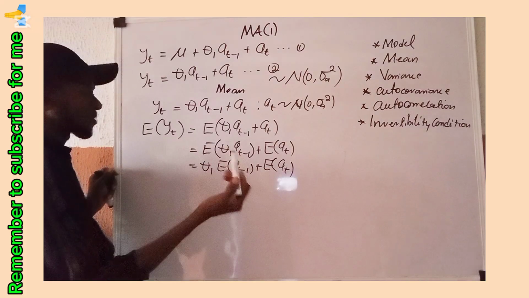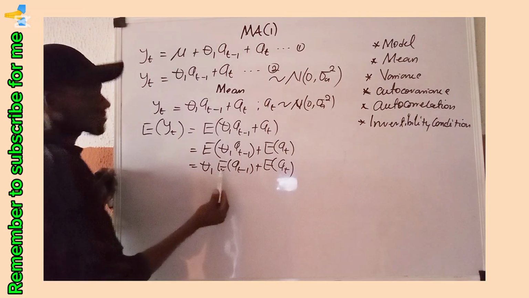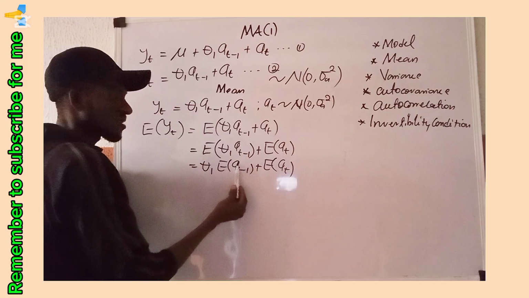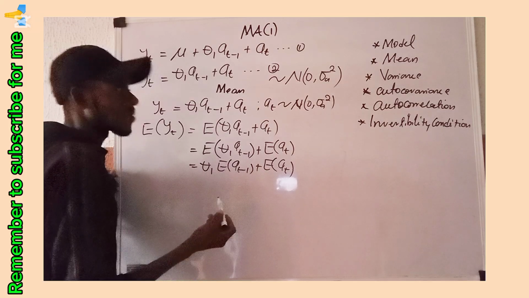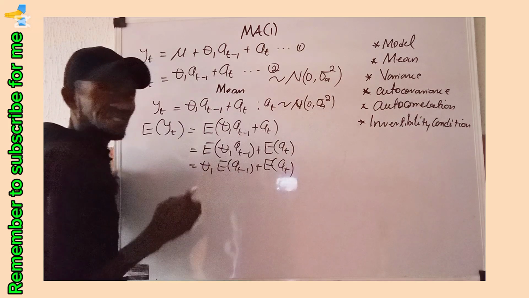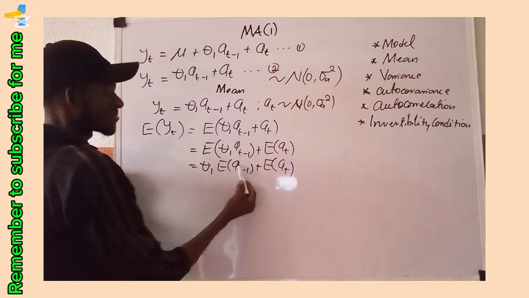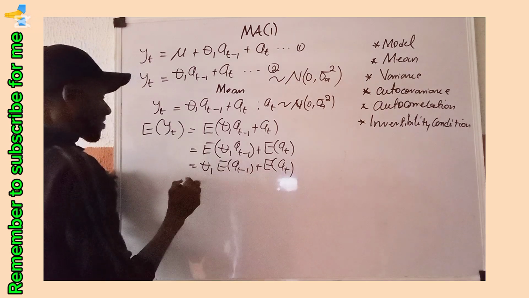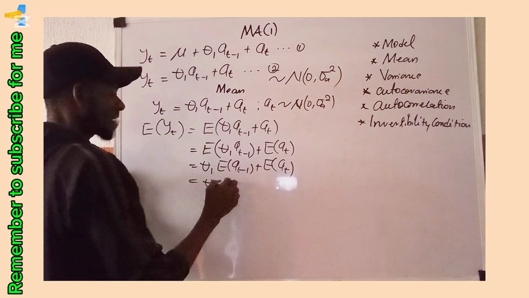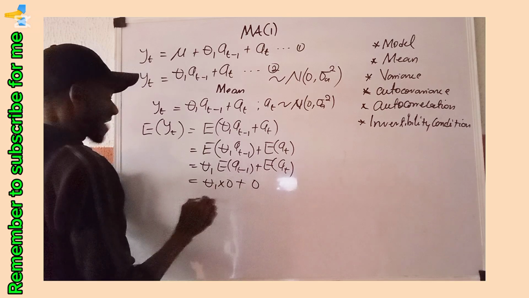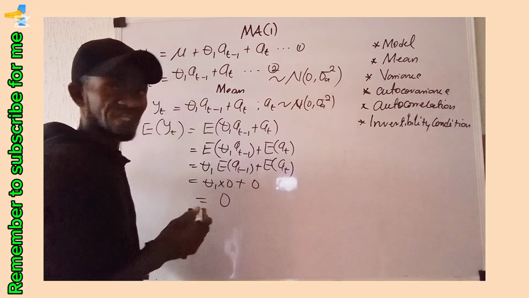And remembering what we said earlier, that the expected value of the error term at any point in time is 0, because the condition is given here, this quantity becomes 0, and this quantity becomes 0. And we have theta 1 multiplied by 0 plus 0, and everything boils down to 0.